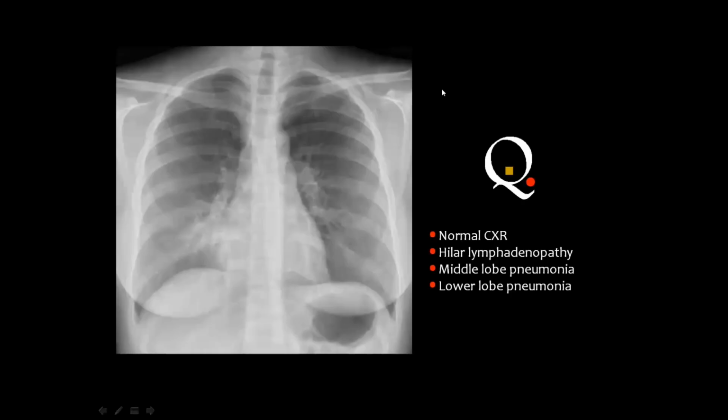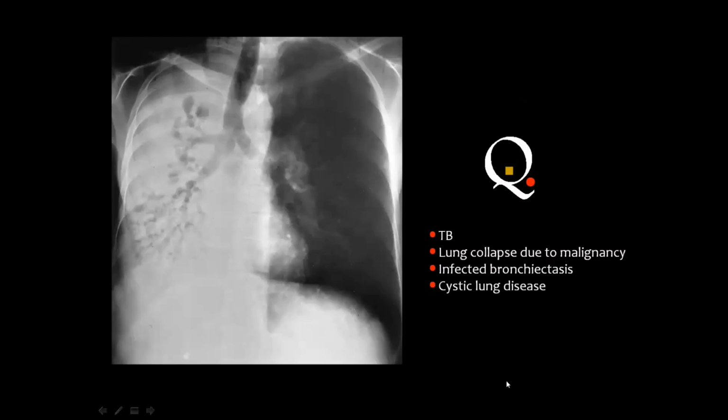Whenever you look at the chest in a hurry, you forget to look at the cardiac borders. You see, the left cardiac border is well defined, and the right cardiac border is masked by this opacity. Then the opacity is anterior, and this is the site of the middle lobe, and the diagnosis is middle lobe pneumonia.